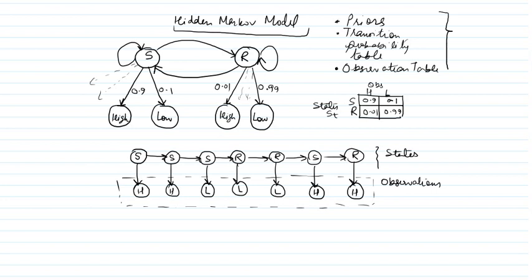If we are given these 3 tables, we can draw the sequence. From the training data we can take out these 3 things: the transition probability table, the observation table, and the priors, and then we may use these tables for prediction or inference. Now what could be the prediction here?